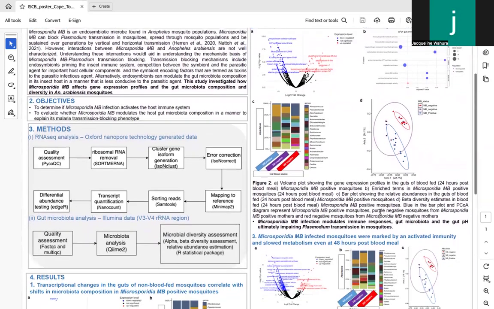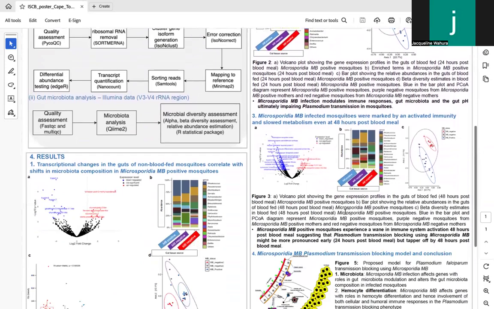In a nutshell, Microsporidia MB infection modulated the immune system 24 hours post-blood meal as well as the gut microbiota, and this could actually be the strategy that the endosymbiont is using to impair the transmission of Plasmodium.